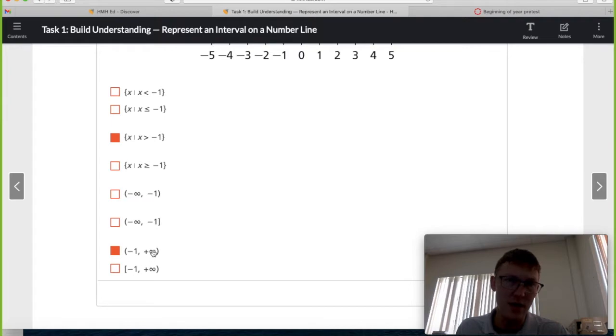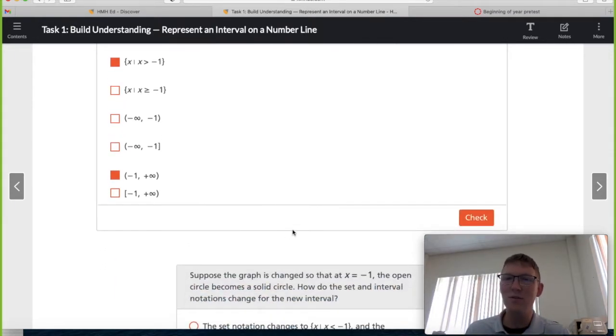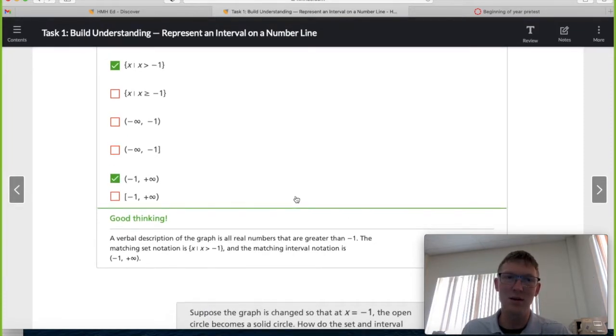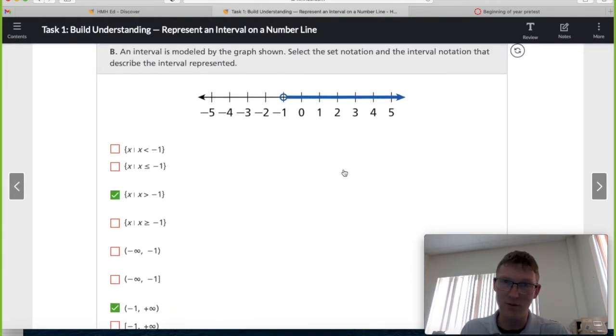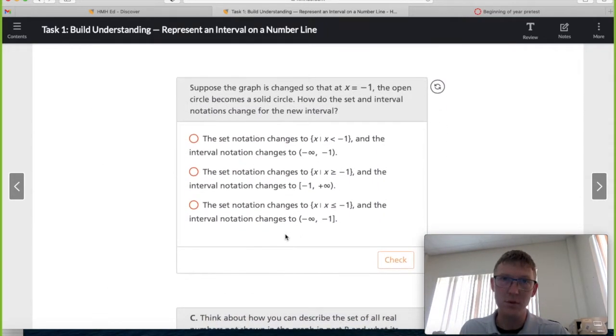By the way, I think this website that we're on sometimes, when you enter your answers, might want a positive infinity. In real life, nobody writes it that way. You just put infinity, and if there's no negative sign in front of it, then it's insinuated that it is a positive infinity. But just know that you might need that plus sign there.